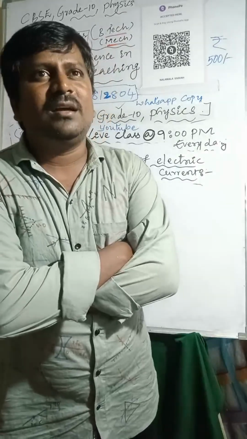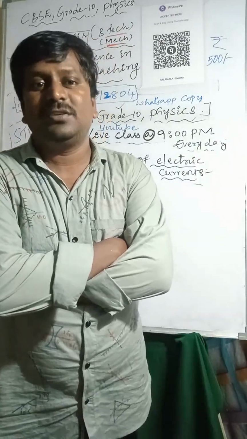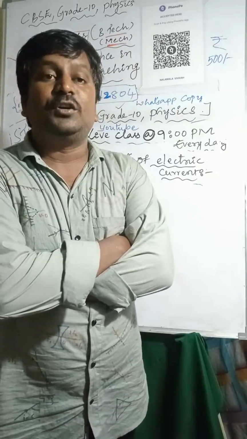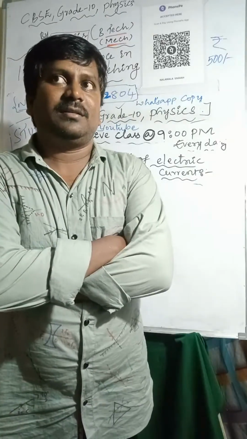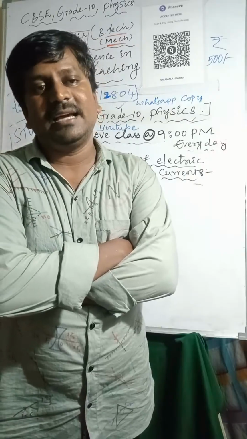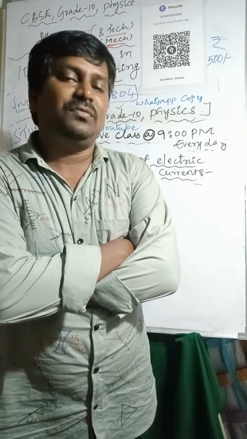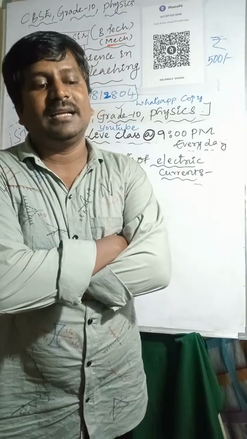And one more thing, Hans Christian Oersted's observation, they will ask for 2 marks. A compass is placed near a current carrying conductor, and suddenly it gets deflected.